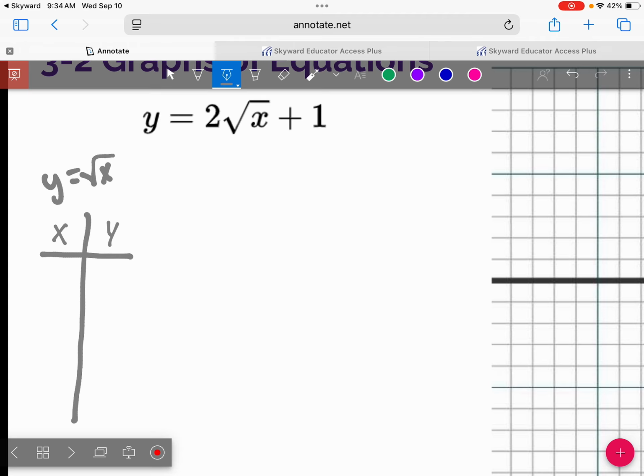So when we had our square root of x, that's when we picked our perfect squares. So we usually pick 0, 1, 4, and 9, because we know the square roots of those without having to type it in the calculator and get a decimal. Square root of 0 is 0, square root of 1 is 1, square root of 4 is 2, and the square root of 9 is 3.